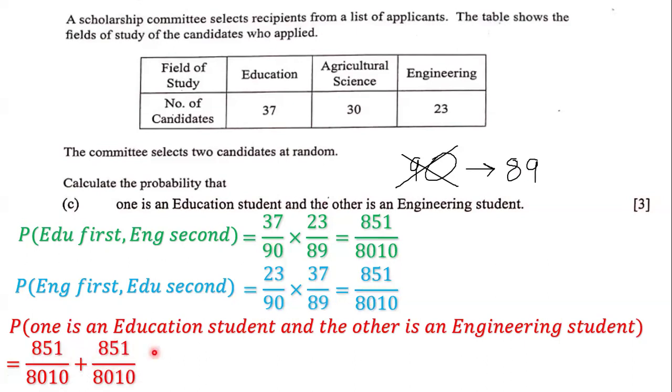We add them together, and so we get 1,702, and for the denominator, we have 8,010. So the probability that one student is an education student and the other is an engineering student is 1,702 all over 8,010. And that's the answer to this particular question.